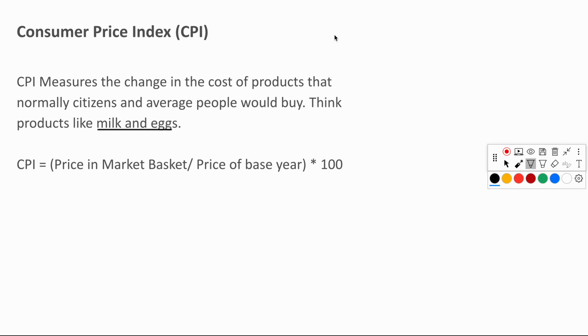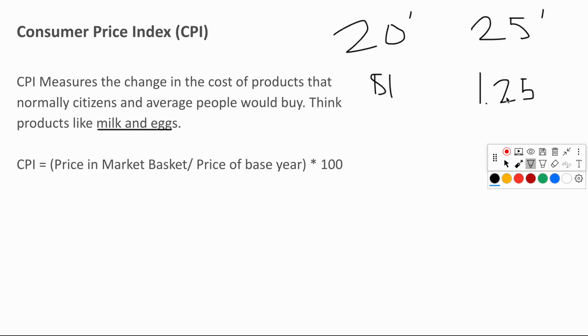So let's say, in the market basket, 2020, or 20 for short, a carton of eggs costs $1. Then in 2025 it costs $1.25. So how do we calculate that?